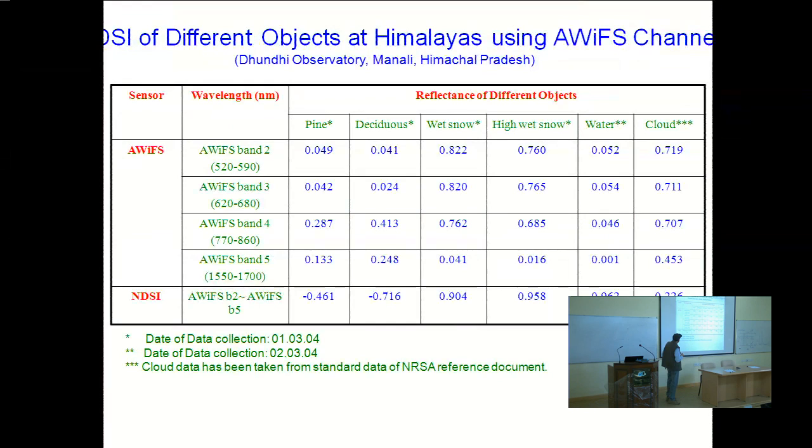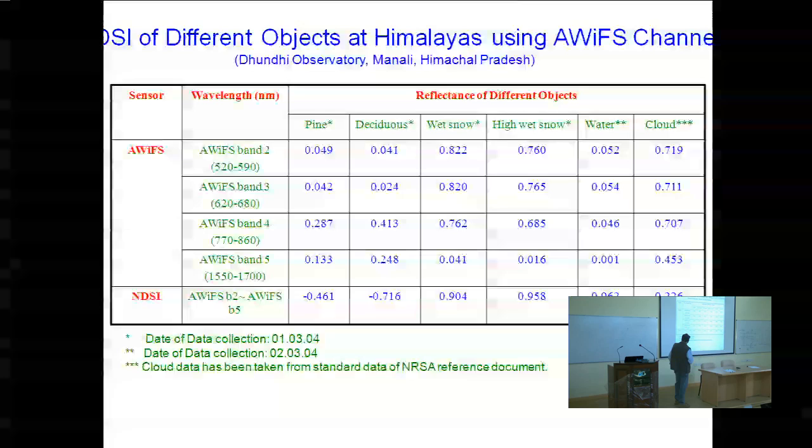NDSI. This work was done in Manali in 20 observatory, where we have estimated spectral reflectance of different land features. You can see here the pine, wet snow, high rate snow, water and cloud. If you look into pine in different bands, and if you look into NDSI, it has a negative NDSI.